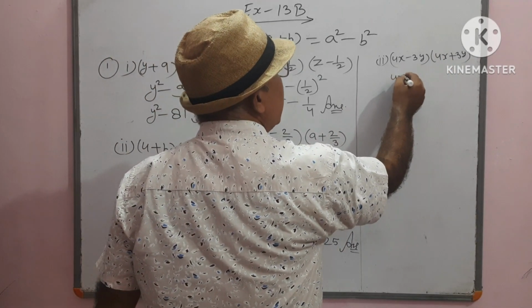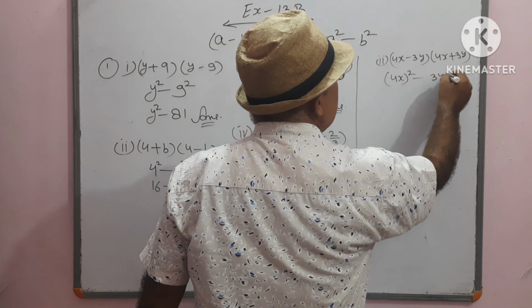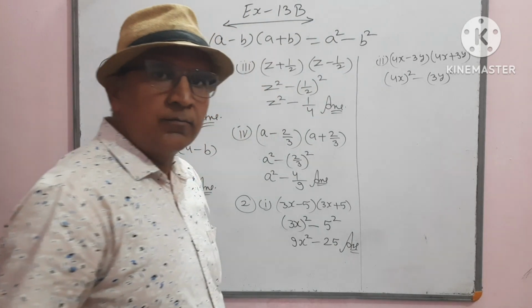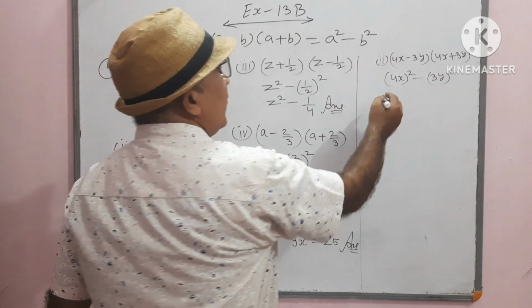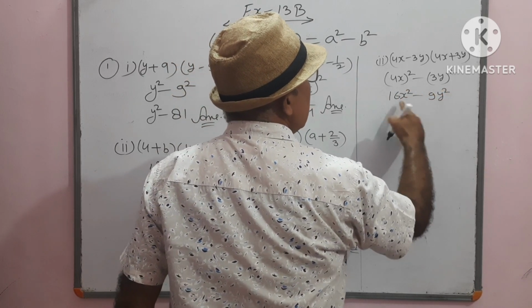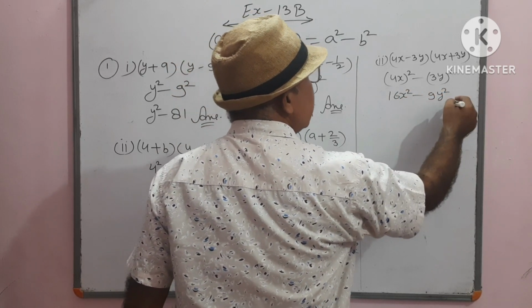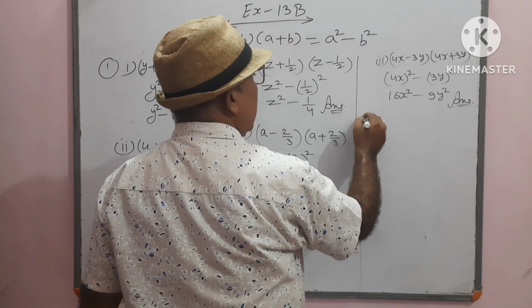I hope you have understood it now. First term square minus second term square. A square minus b square. Now calculate it. 4 square is 16. 3 square is 9. So 16x square minus 9y square, and this will be your answer.